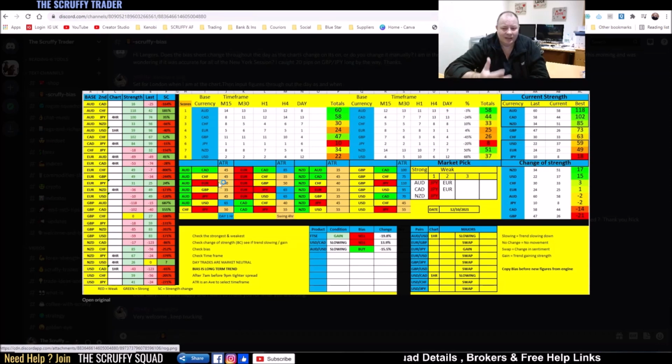And the way this works is, first of all, it looks for the strongest and the weakest in the change of strength over a period of time. It then pulls it into here to see which ones are the best contenders.